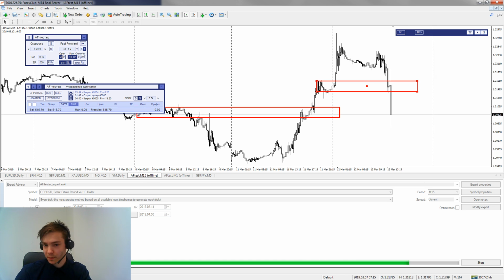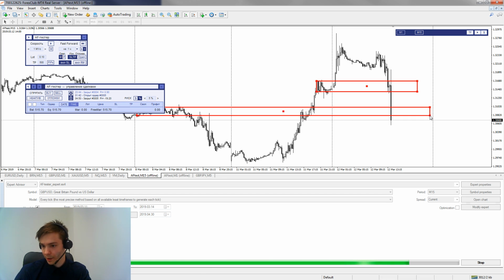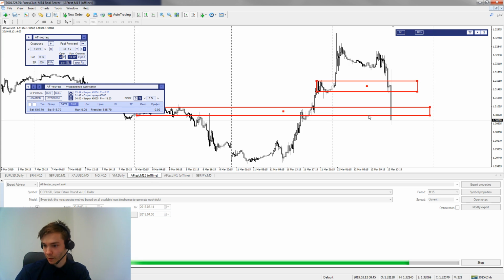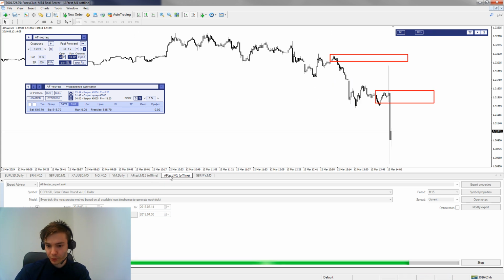And we just broke important level here. And you can see that we would like to definitely go short because just seeing this horizon patterns here, so we would like to go short.